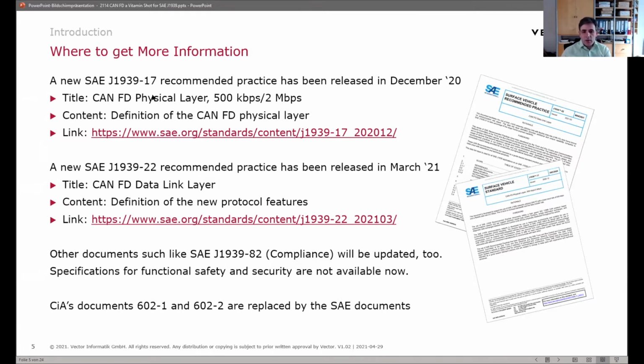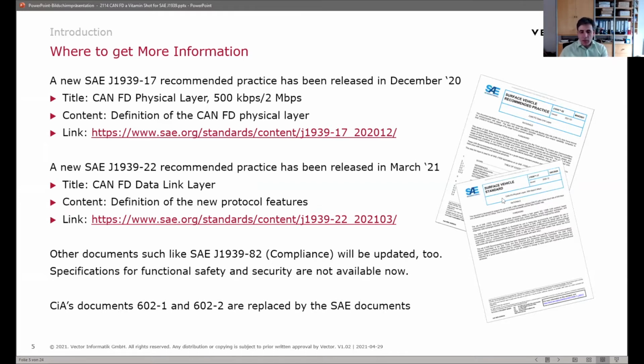So if you go to the SAE website and download the documents J1939-17 and J1939-22, then you will receive two documents packed with all this CAN FD knowledge, and then you can immediately start implementing J1939 CAN FD based protocols.